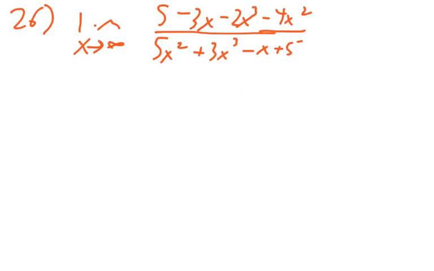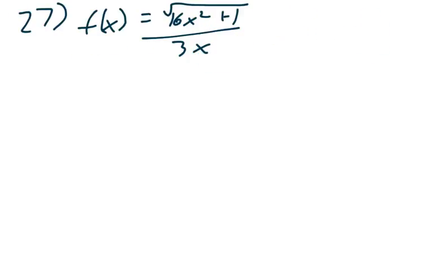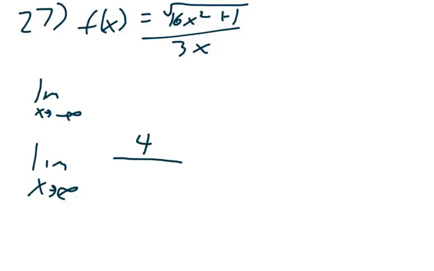Alright, limits at infinity. The highest exponents are the 3's. So my answer here is negative 2/3, because the degrees are equal, and so we just need the coefficients. Alright, for this one we need the limit at negative infinity and at positive infinity. So the limit at positive infinity, well, on the top the square root of 16 is 4, and on the bottom 3 times a positive is 3.